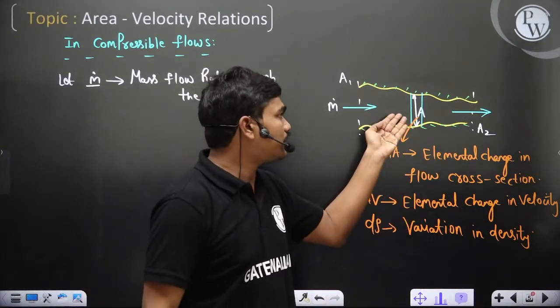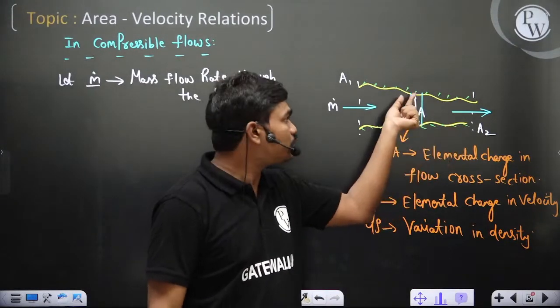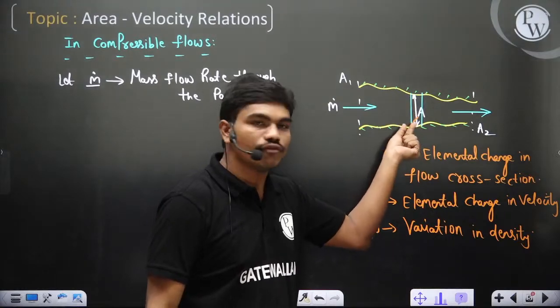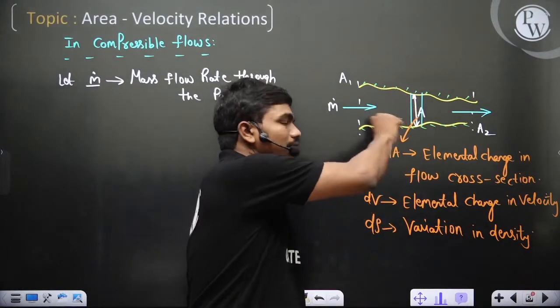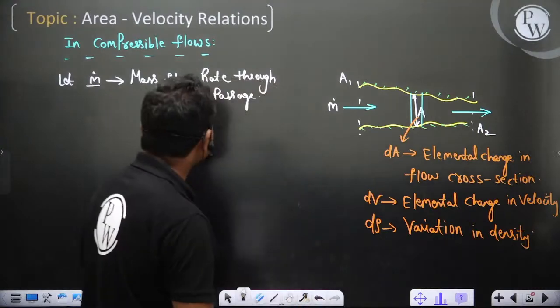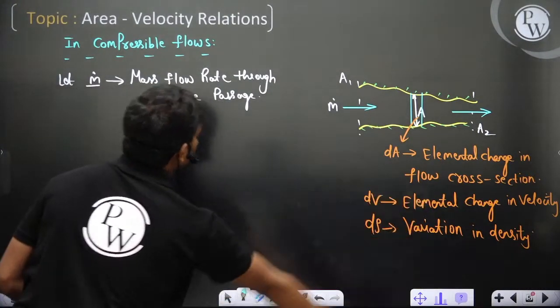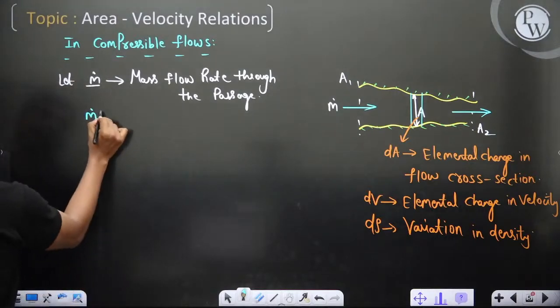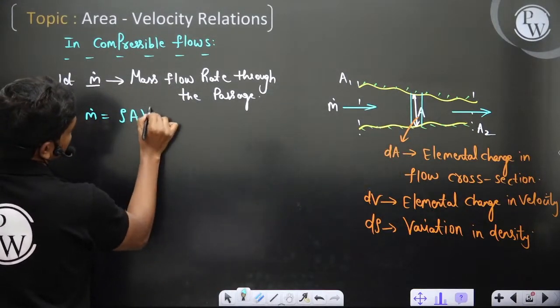Definitely whatever is coming in, the same quantity should leave, under steady state operation. So what is the mass flow rate? m dot is equal to rho, at this point where the area is A, and the velocity is v, for example.